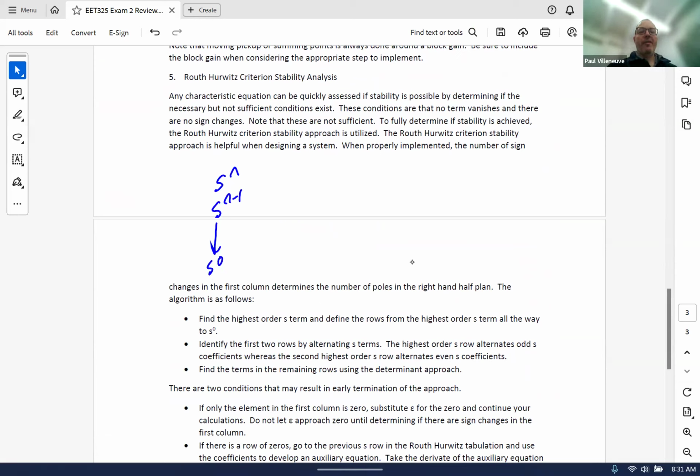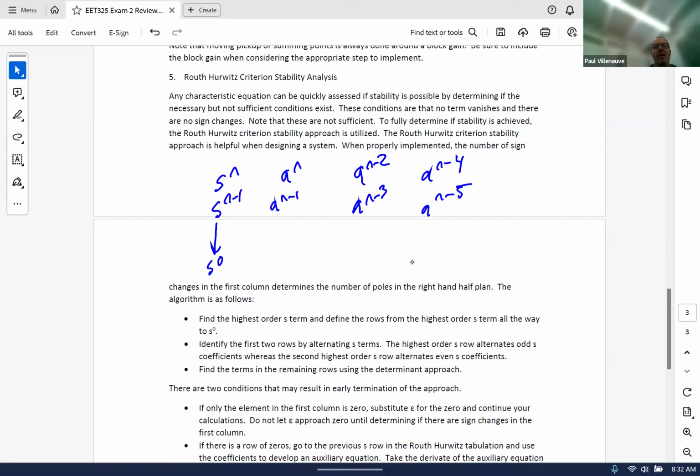Now you put your coefficients in, so we'll call this a_n, because we associate coefficient a_n with the S to the N term. We'll skip over 1. This becomes a_(n-2), a_(n-4), and on and on. Over here, this is a_(n-1), a_(n-3), a_(n-5), etc.